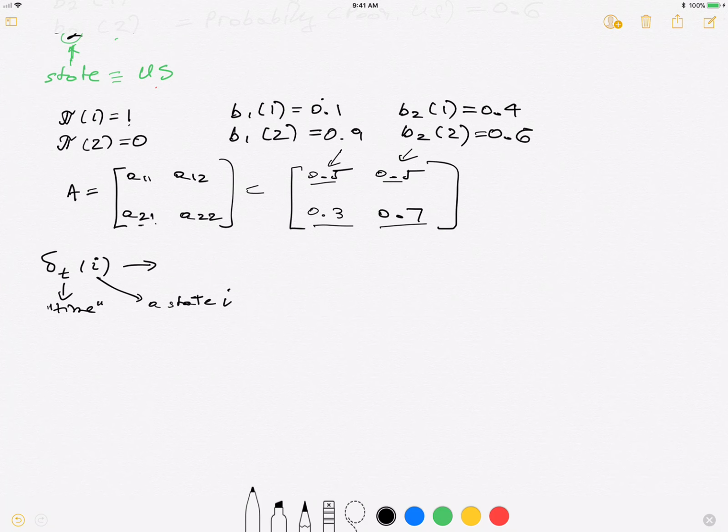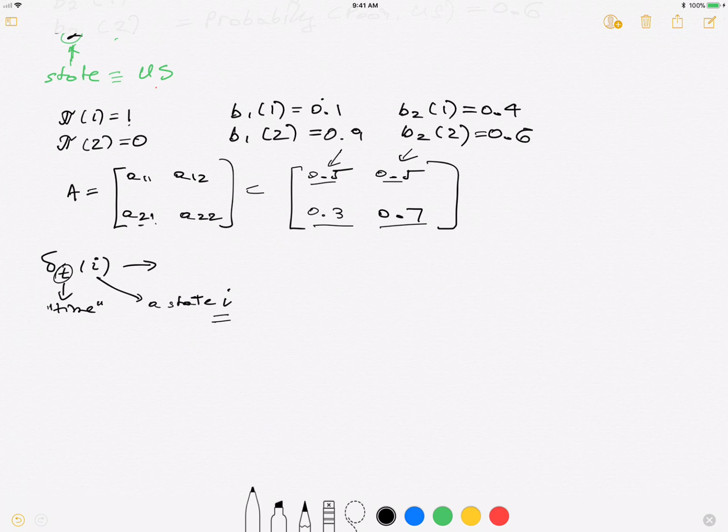Obviously, there is some transition of the states that would lead to a state I after t time instances.